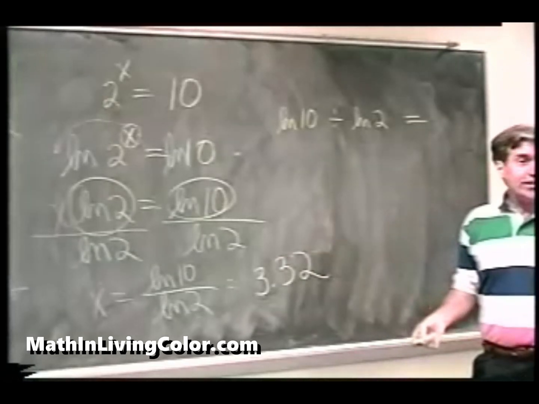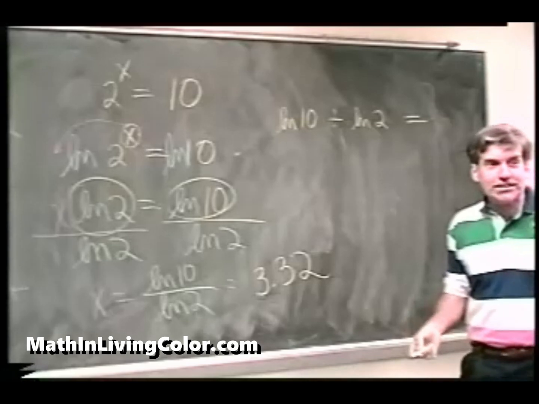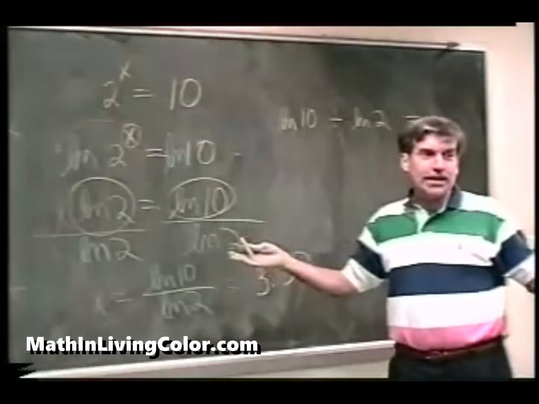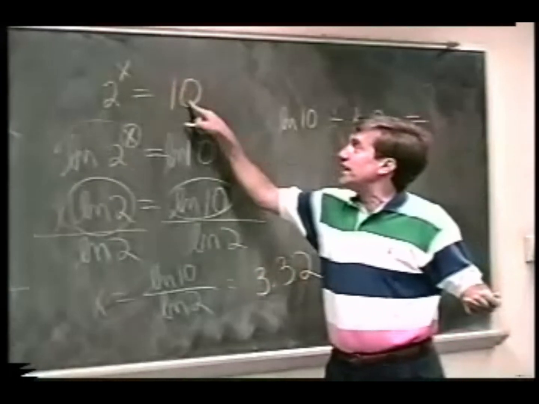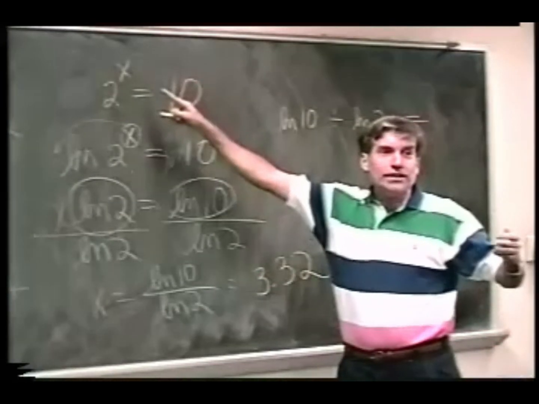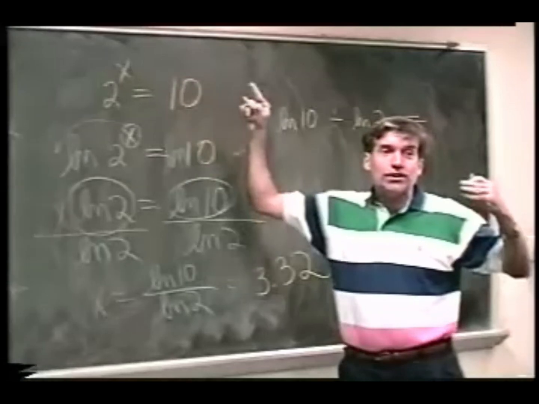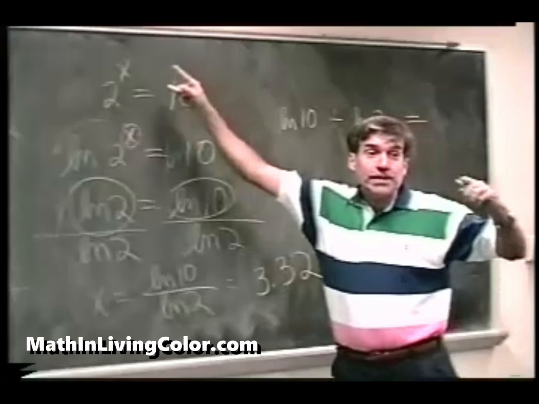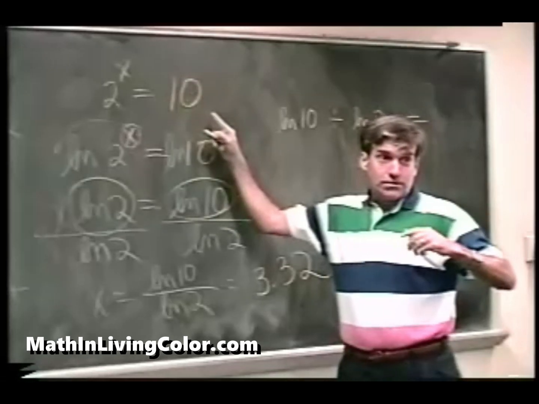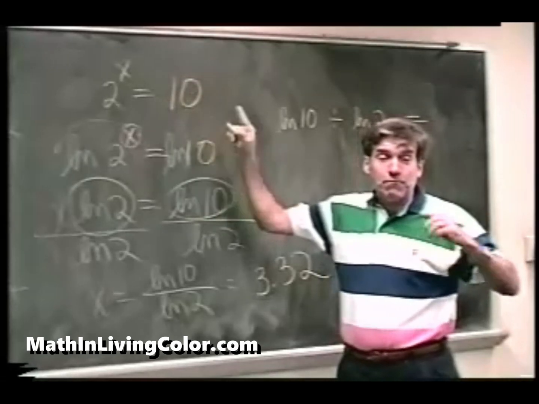Now, why would I say that looks right to me? How could I tell that looks right? I don't have a calculator in my hand. I looked at this problem, I said 2 to the x equals 10. 2 to the what is in the neighborhood of 10? 2 to the 3 is 8. So I know it's going to be a little bit more than 3.